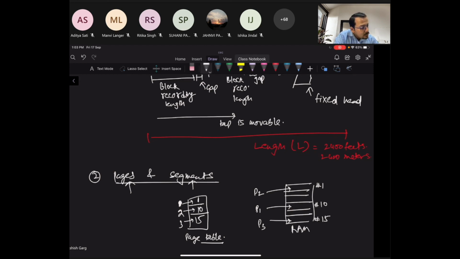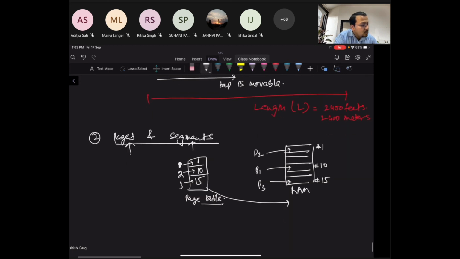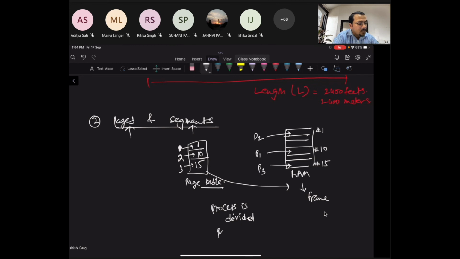And this page table itself is stored in RAM, and RAM, if you don't know, is divided into frames, and a process is divided into pages. So we need to store pages into RAM for execution.